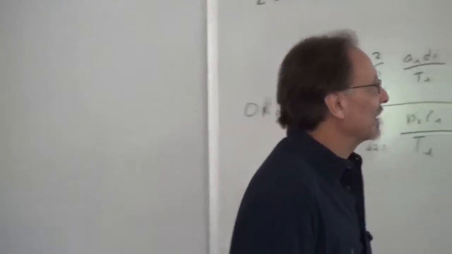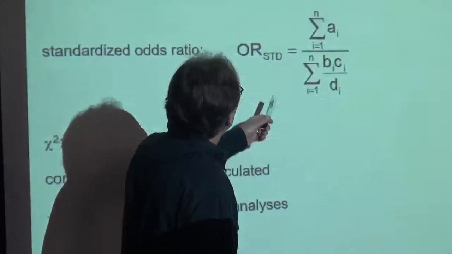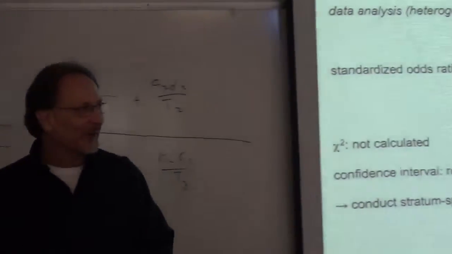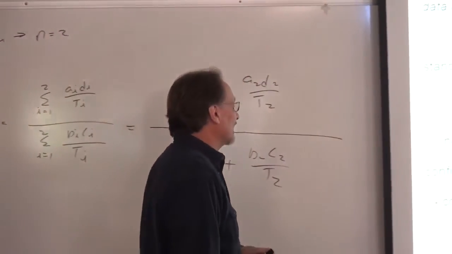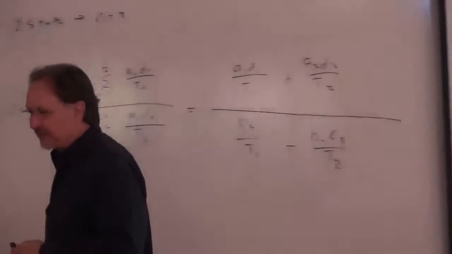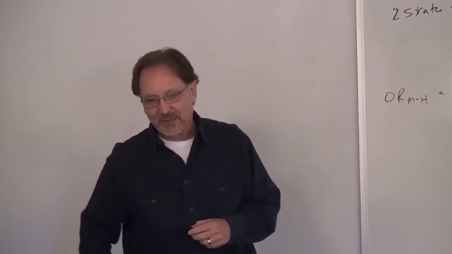If you come up with something heterogeneous, then you have to do, and this is a very unfortunate subscript, what they call the standardized odds ratio. You can't calculate chi-squared or the confidence interval, and you can only compare the stratum-specific odds ratios for potential effect quantification.